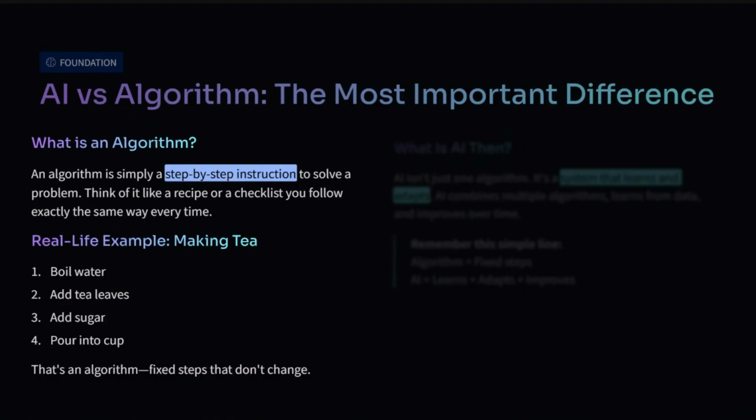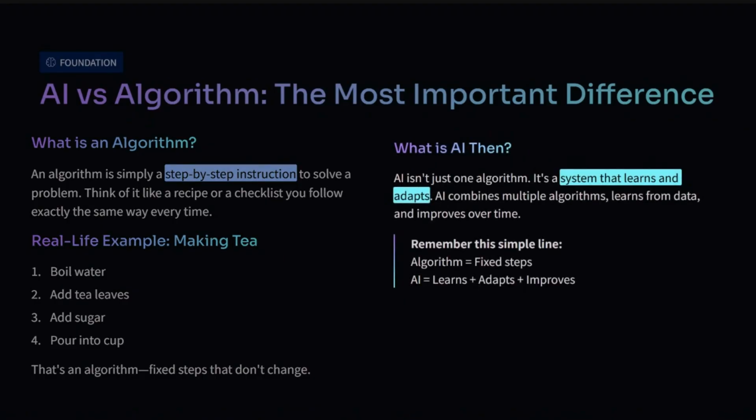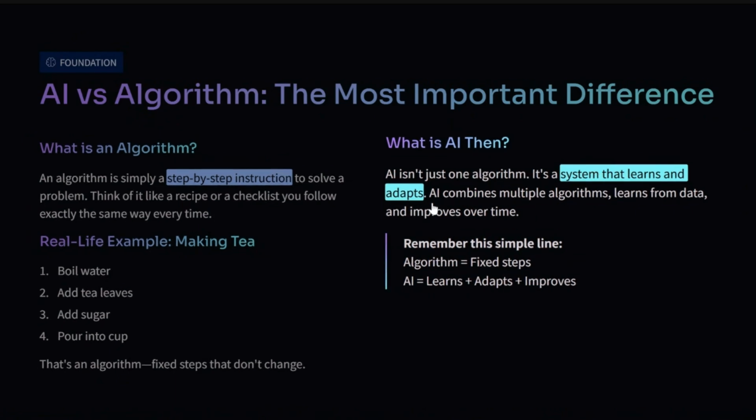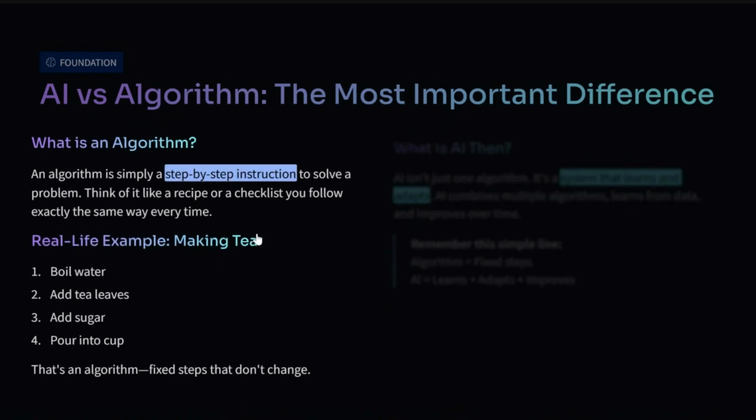Now, if we talk about AI, what is AI? It is beyond the algorithm. It is a system that learns and adapts. In the previous example, we have water, tea leaves, sugar, and the cup. What if instead of tea leaves, we have coffee powder? Your algorithm will fail.